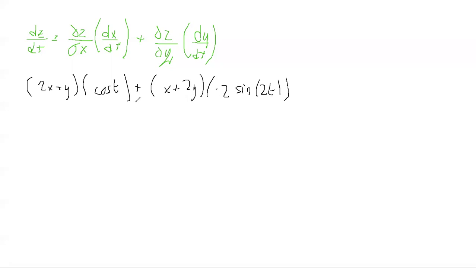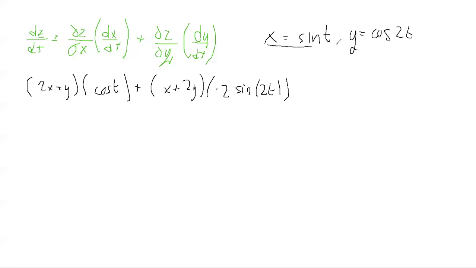All I did here was basically simplify this, but what the answer is saying is that they don't want you to have any x or y values in this equation. So going back to that earlier given value, we had x is sine of t, and y is cosine of 2t.